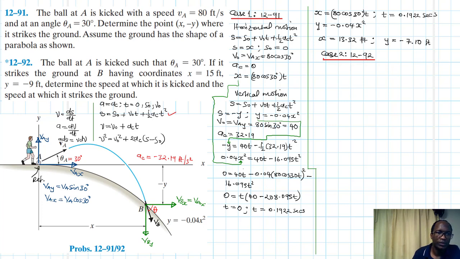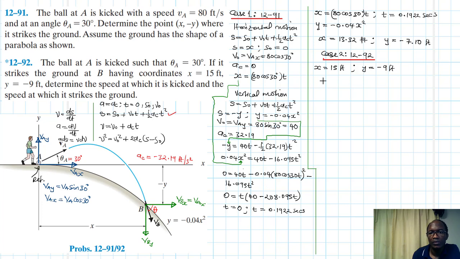In this particular case, we've been given x and y, and we're being asked to find VA and VB. So we use the equations that we've already defined. We only change where we have 80 to replace with VA. So we have x given in the first case as 15 feet, and y is equal to minus 9.